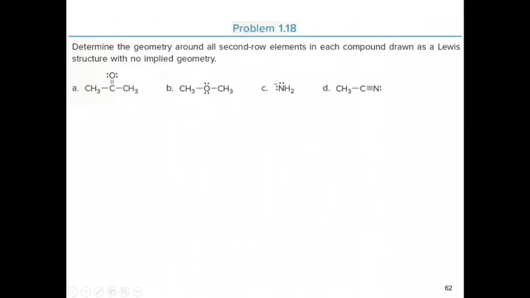Remember that an electron group can be a lone pair, a single bond, a double bond, or a triple bond. And so we have 2 single bonds here and a double bond for a total of 3 electron groups. And so the electron geometry is going to be trigonal planar.